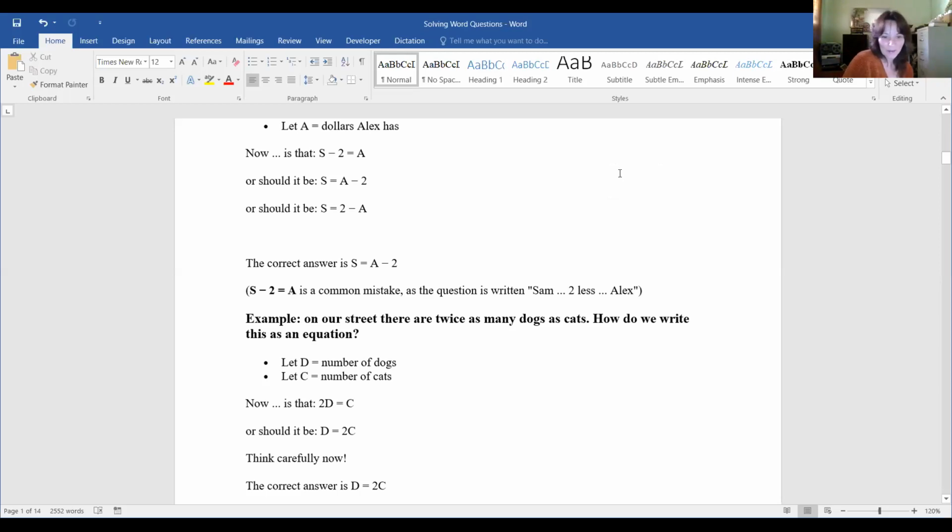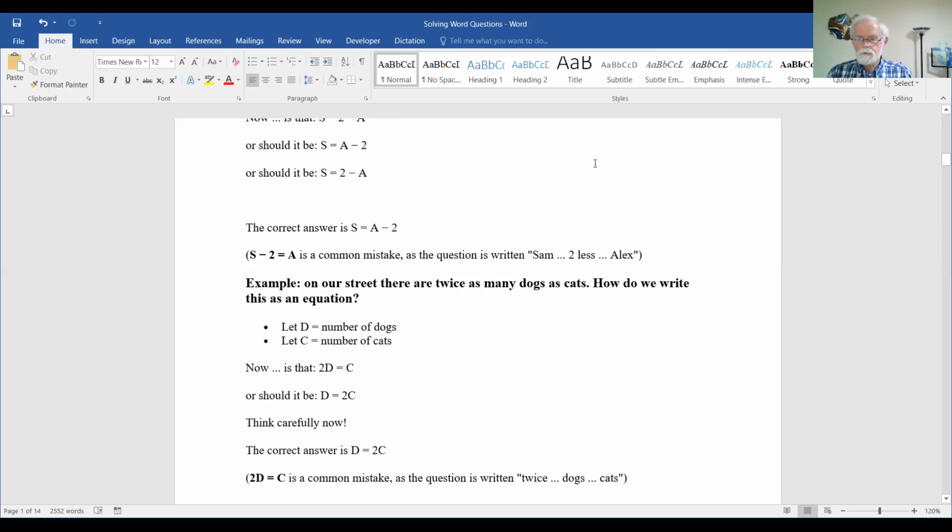Yeah. So the key is to very carefully read the question, write things down, and pick out what needs to be done. This next example: on our street, there are twice as many dogs as cats. So what is the way to look at that? If we look at cats as having X number, then there are 2X dogs.